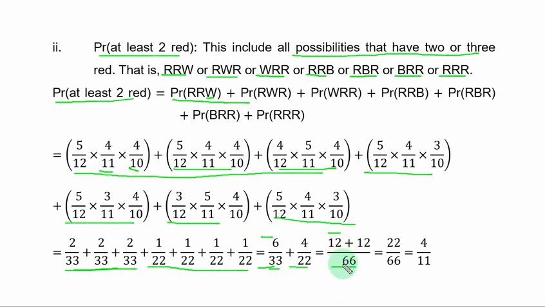The same LCM, 66. Divide by 22, you have 3. 3 times 4 is also 12. When you add, you have 24 over 66, which reduces to 4 over 11.